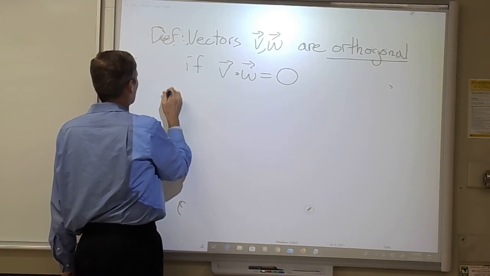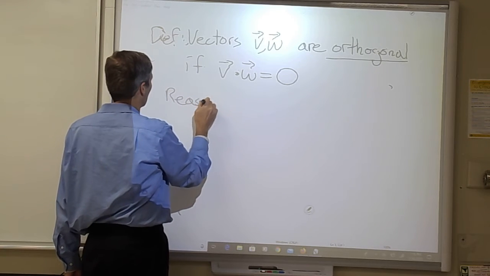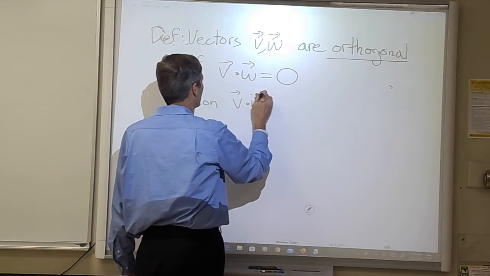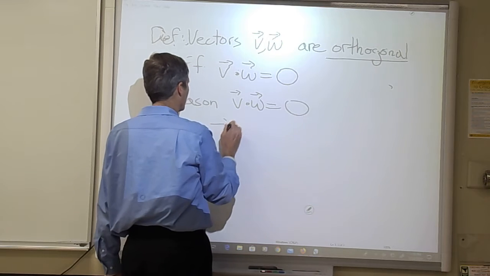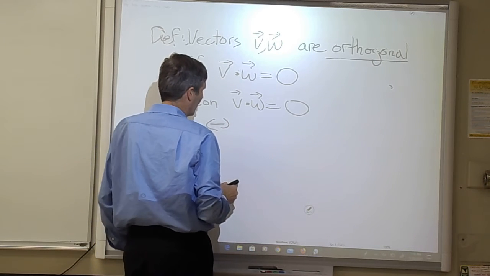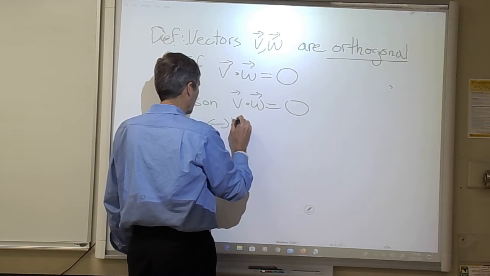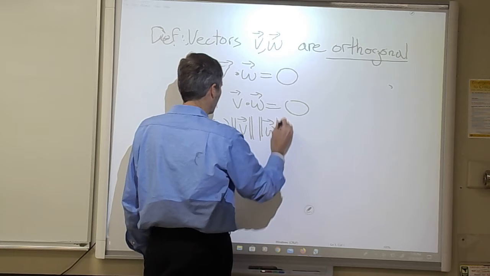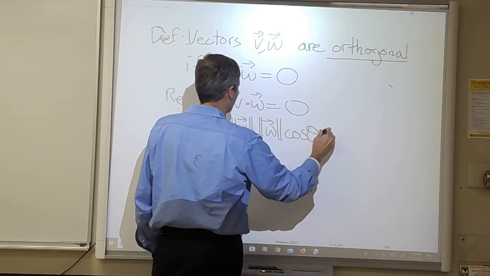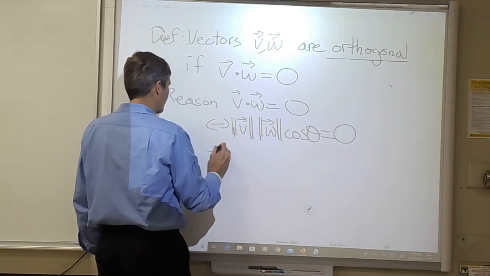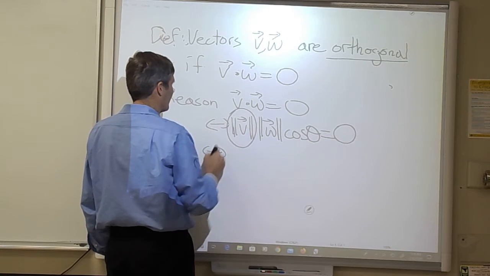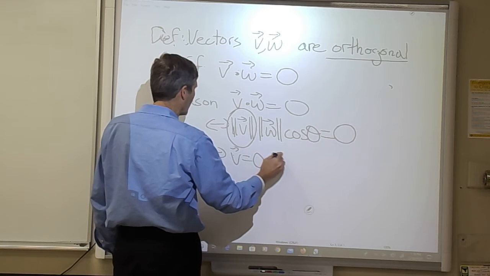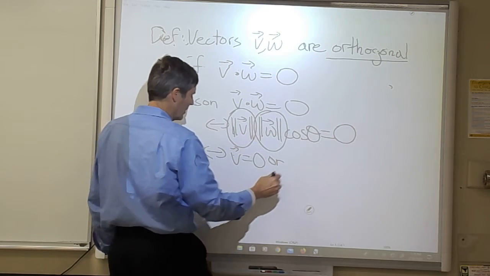What does that mean? V dot W equals 0 by our theorem is equivalently the length of V, length of W times the cosine of the angle between them is 0, is equivalently by the zero product property, either this is 0, in which case if its length is 0, the vector is 0, or this is 0.